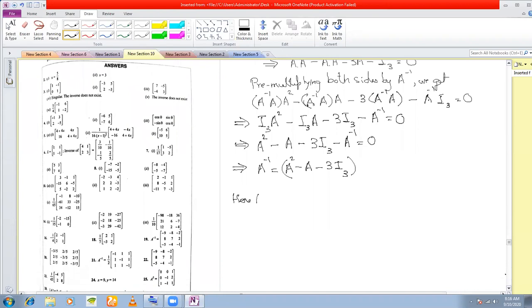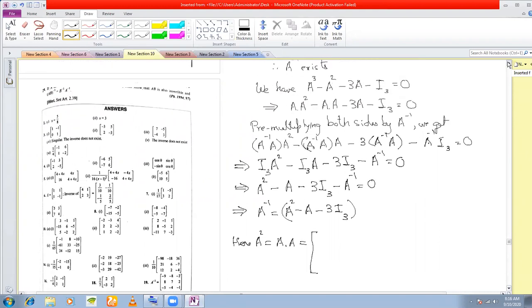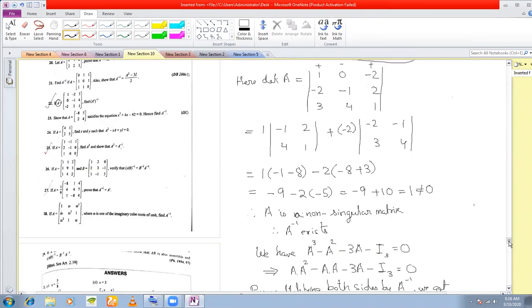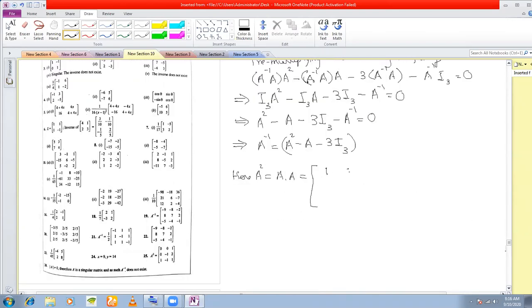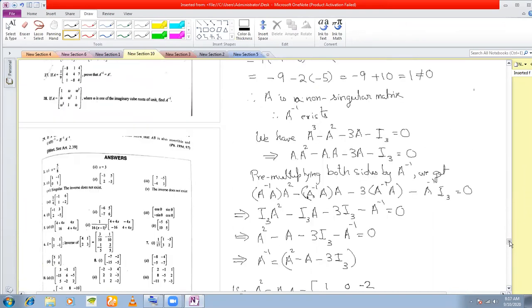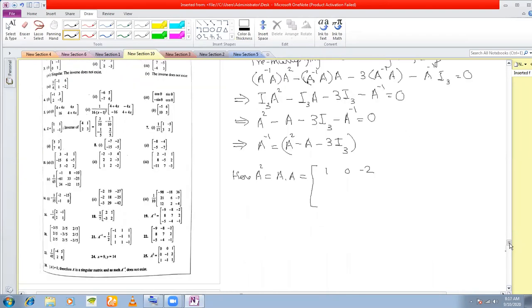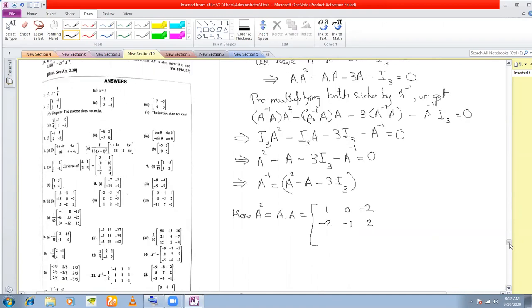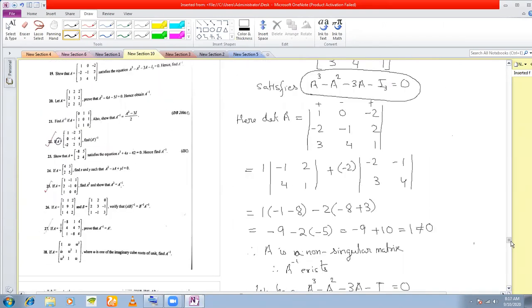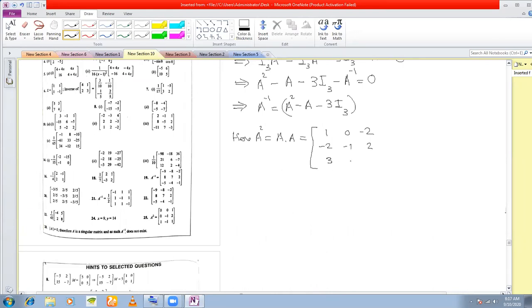So let us proceed to find A square. Here, A square is equal to A into A. And let's see what the matrix A is. Matrix A is 1, 0, minus 2; minus 2, minus 1, 2; and 3, 4, 1, multiplied with the same.